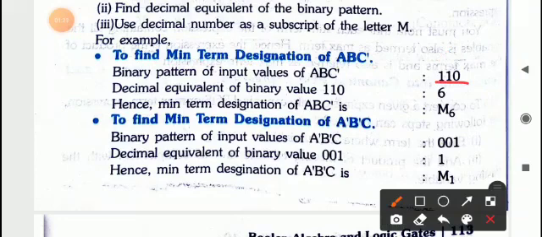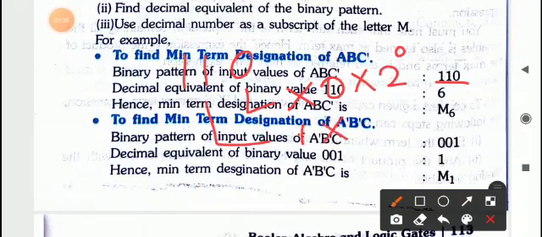Now you have to find the decimal equivalent of 110. How will you find it? You write 110, then multiply with the base value 2 to the power 0. Similarly the next one you write as 1 into 2 to the power 1. So 0, 1, 2 are the position values.